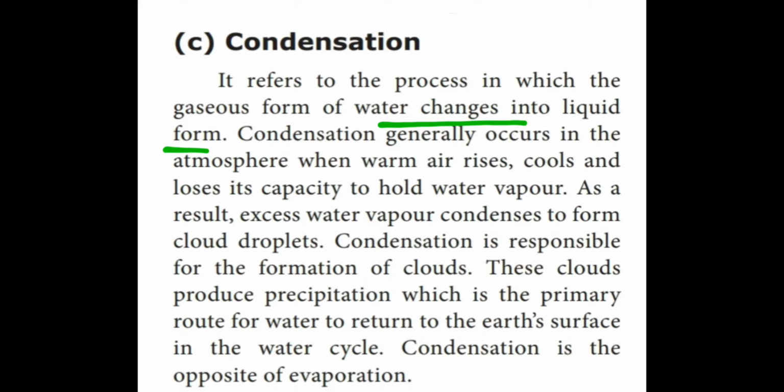As a result, excess water vapor condenses to form cloud droplets. Condensation is responsible for the formation of clouds. These clouds produce precipitation, which is the primary route for water to return to the earth's surface in the water cycle. Condensation is the opposite of evaporation, as I told you earlier.